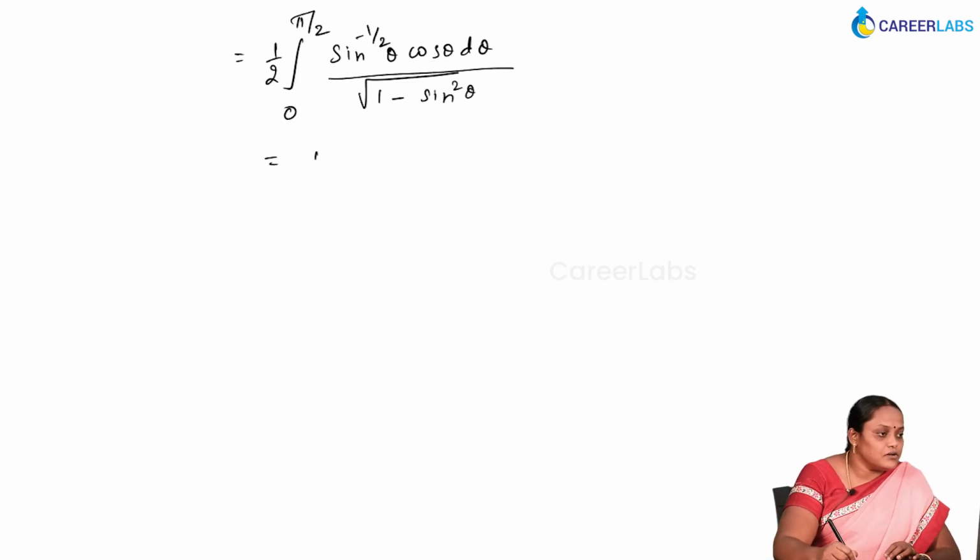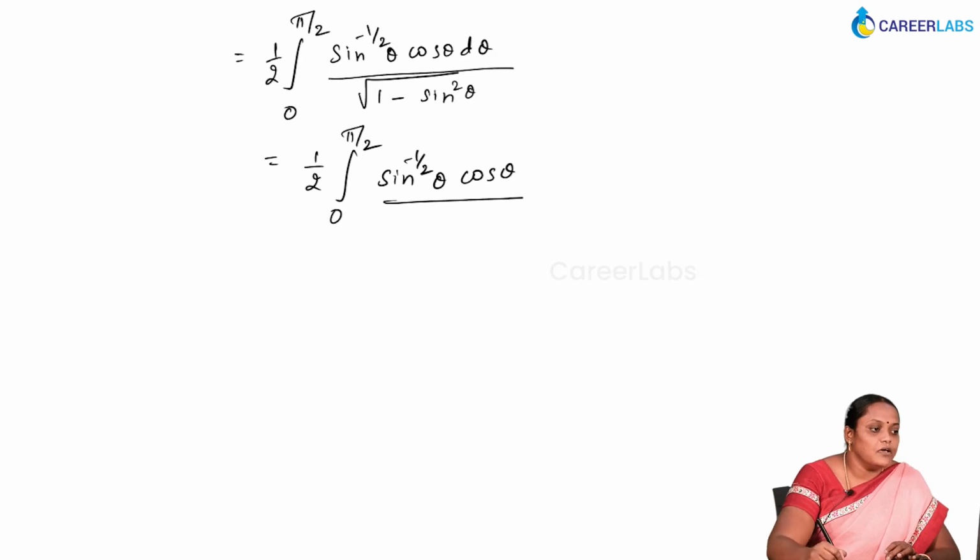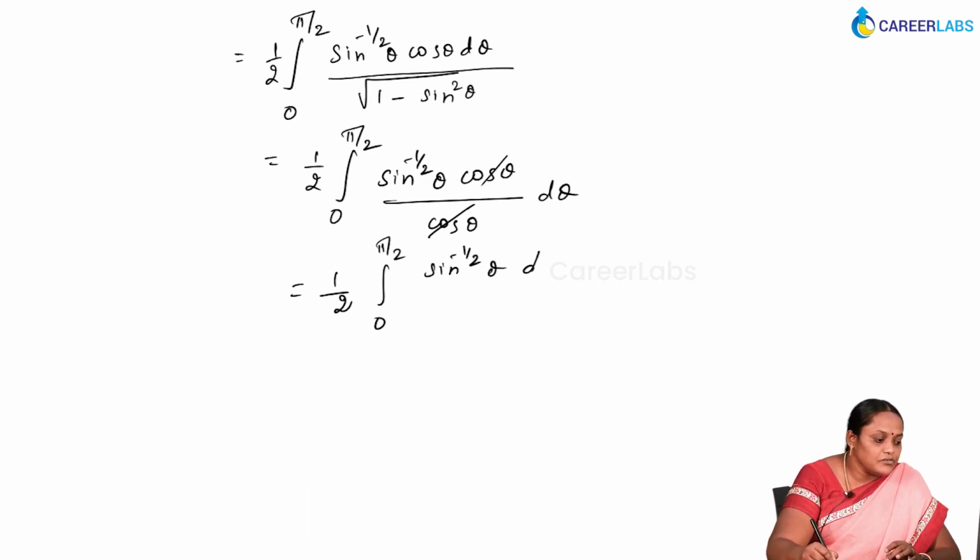So this is equivalent to 1 by 2 times integral 0 to pi by 2 sin to the power minus half theta cos theta divided by cos theta d theta. So the cos term will get cancelled and the result will be 1 by 2 times integral 0 to pi by 2 sin to the power minus half theta into d theta.